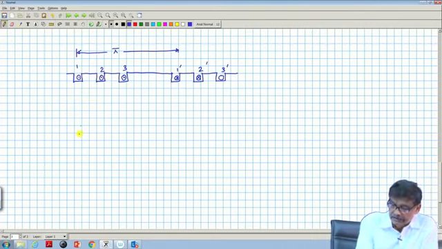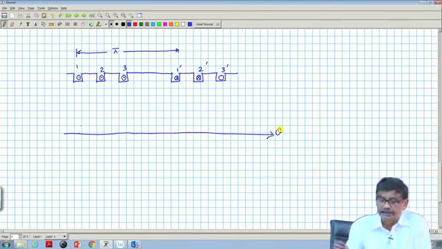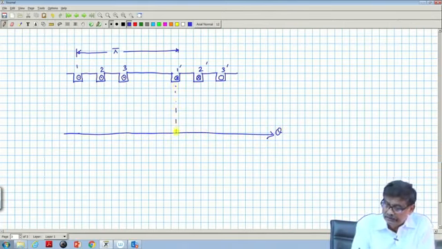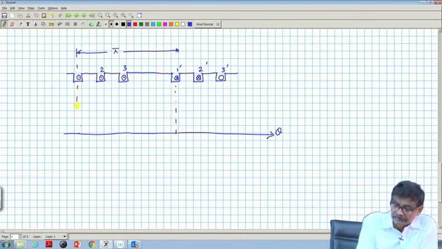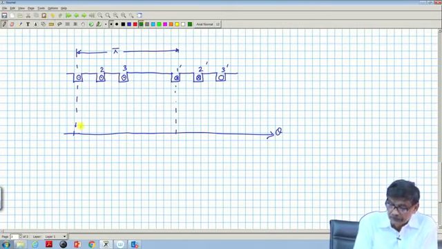Suppose I will sketch it here against the space angle electrical. During this to this 1 dashed, it will be, let me use a different color, so this will be the MMF distribution due to coil 1.